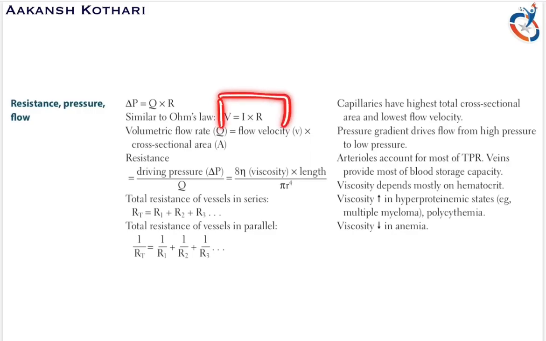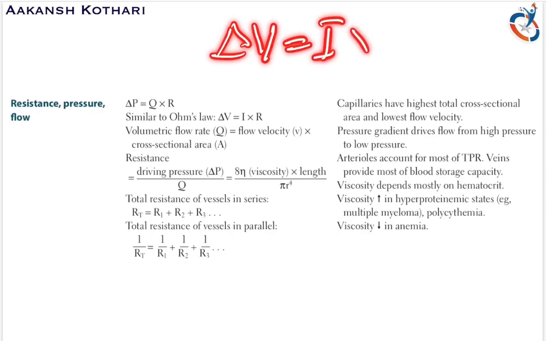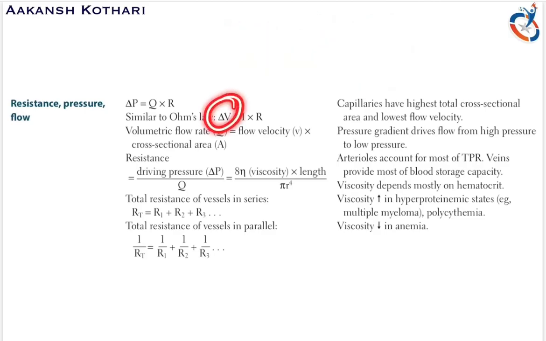We have already discussed Ohm's law in lower grades, that is the change in the voltage is equal to the current into the resistance. Okay, so the difference in the voltage is corresponding to the difference in the pressure. The current flowing is corresponding to the cardiac output, and the resistance is the total peripheral resistance of the blood.